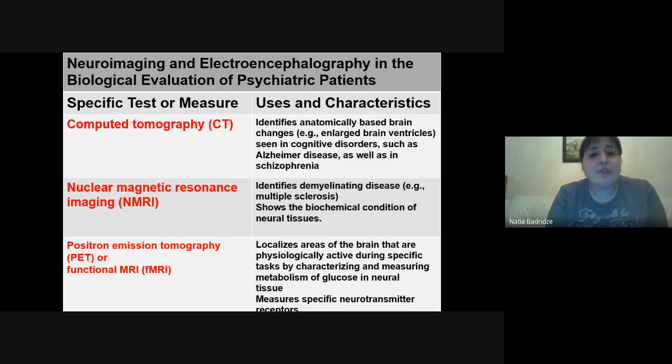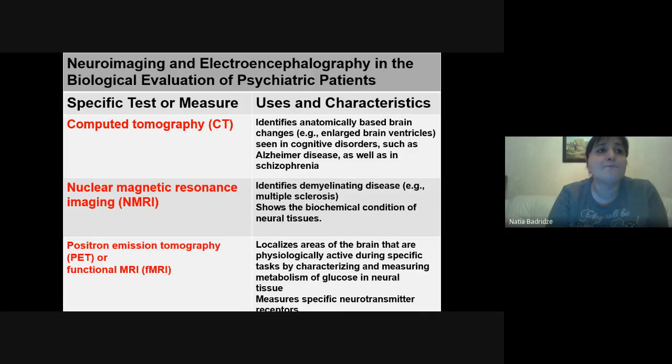Another type of neuroimaging study that we are using to identify the behavioral disorders and conditions is the NMRI, or nuclear magnetic resonance imaging, which identifies demyelinating disease such as multiple sclerosis. And it also shows the biochemical conditions of the neural tissues.